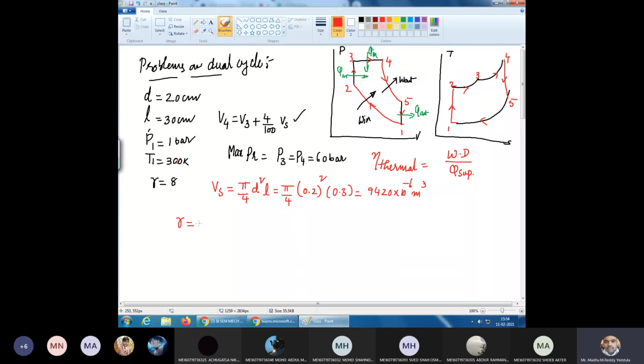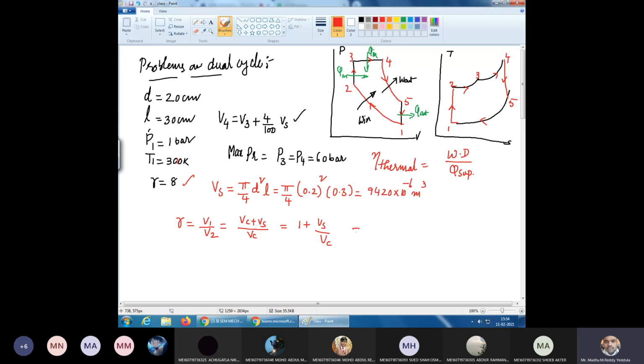We know compression ratio is equal to the volume at the start of the compression by the volume at the end of the compression. V1 is clearance volume plus swept volume, and V2 is equal to the clearance volume. That is 1 plus Vs by Vc. Swept volume is known and compression ratio is given, so we can calculate V2, the clearance volume.